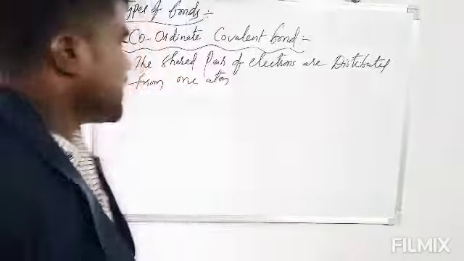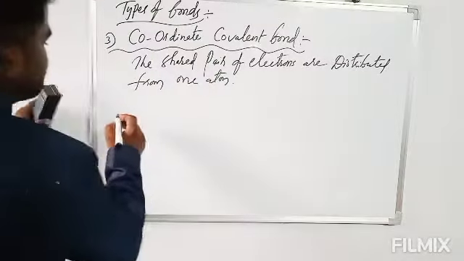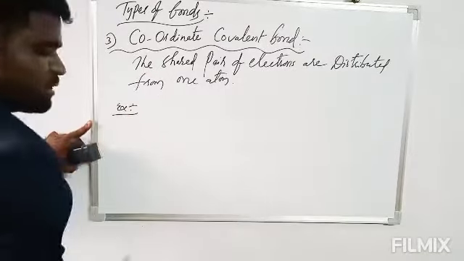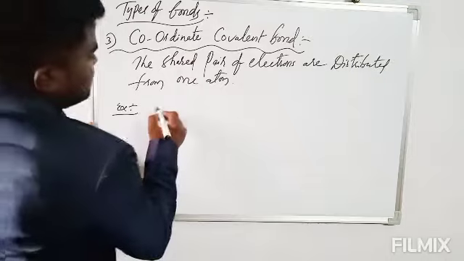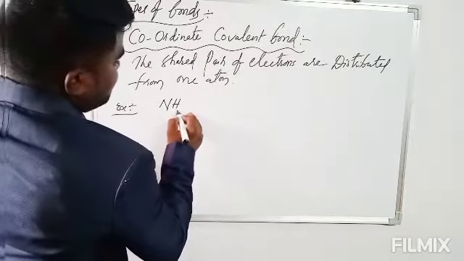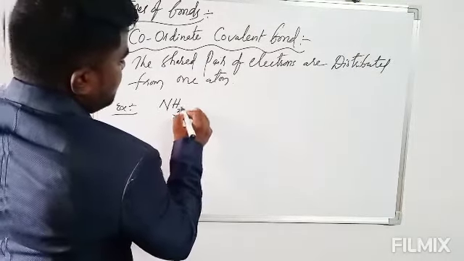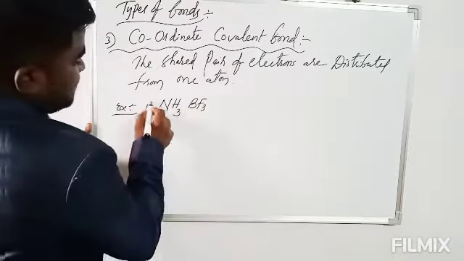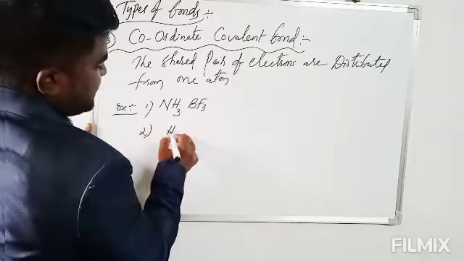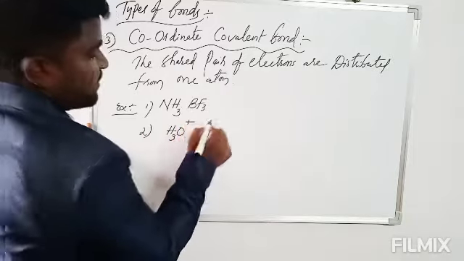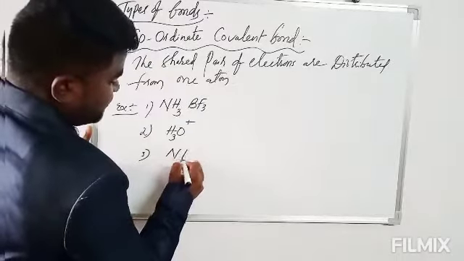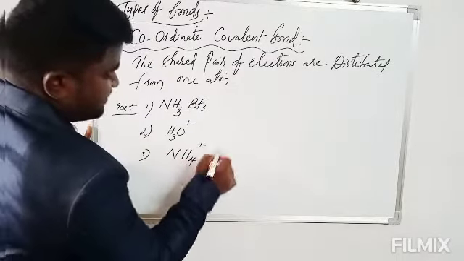For example, we have three main examples. One is the formation of NH3 and BF3. Next, the second example is the formation of the hydronium ion, and the third one is the formation of the ammonium ion.